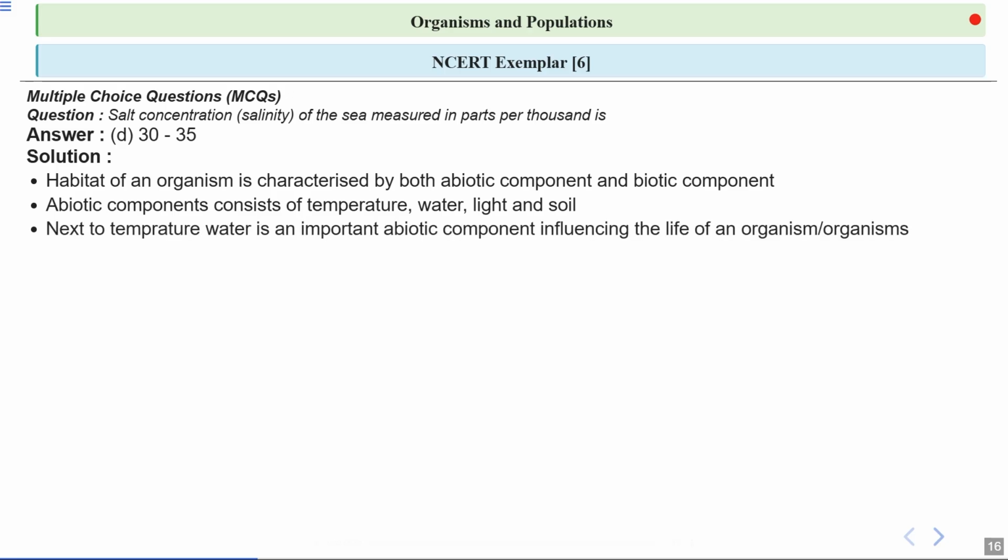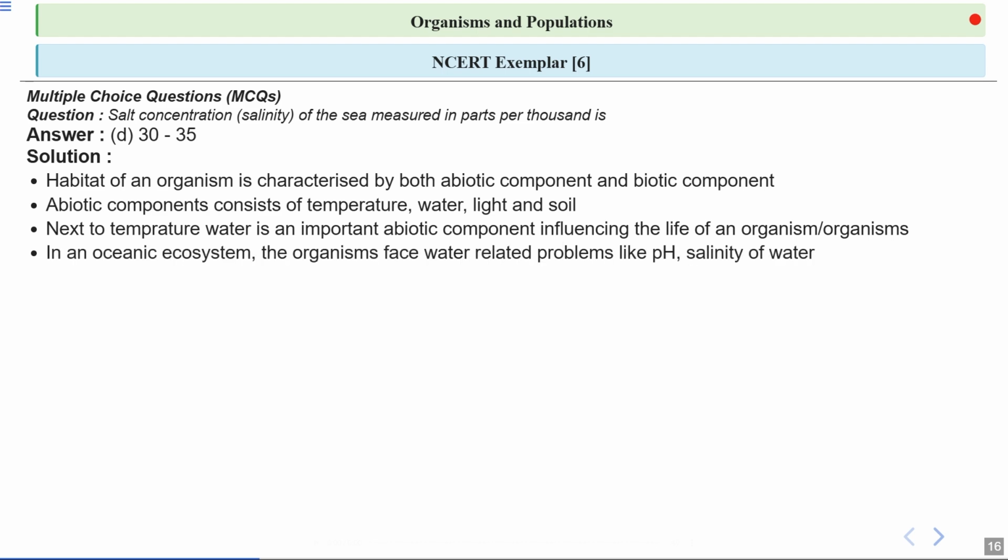Right after temperature, water is an important abiotic component influencing the life of an organism. In ocean ecosystems, organisms face unique challenges related to water, such as pH and salinity. Here, salinity means what? Salinity denotes how salty the water is.